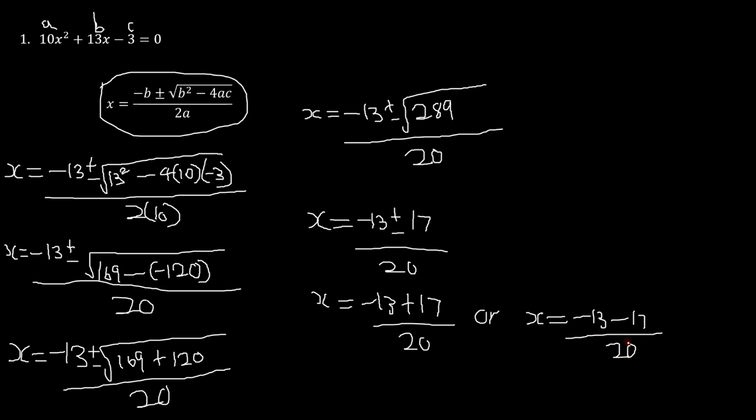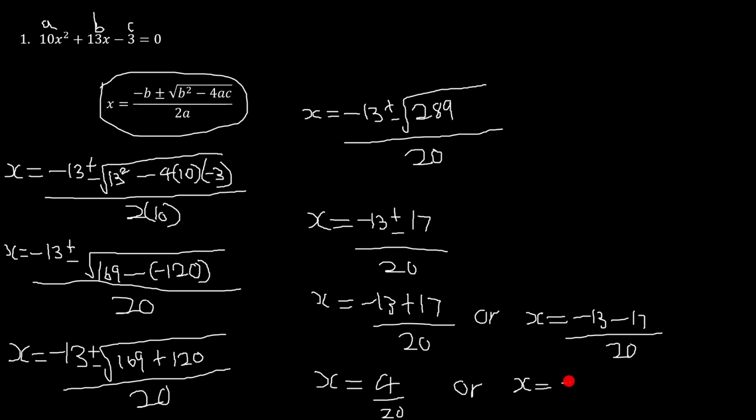So if you find minus 13 plus 17 is equal to 4 all over 20, or x is equal to minus 13 minus 17, which will give us minus 30 all over 20.